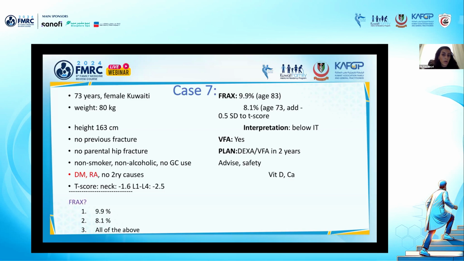So the first one you will plot at the new age when you added the 10 years for diabetes, and the second one you will plot at 73 years of age, which is 8.1. Okay, and this is when you added a negative 0.5 to the T-score. You will order a VFA for this patient because the patient is above 70. And again, you repeat the FRAX and DEXA, the DEXA and VFA in 2 years, interpret the FRAX, advise safety and vitamin D and calcium optimization.